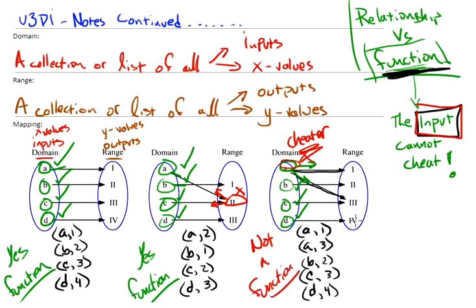And the why? Input A is a cheater. Oh, I ran out of room. Oh boy, we busted that A.